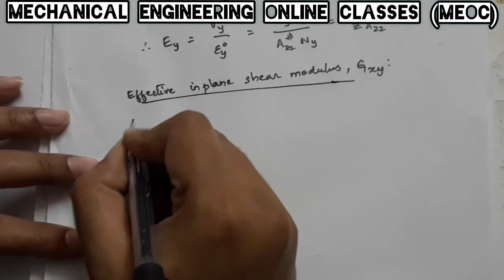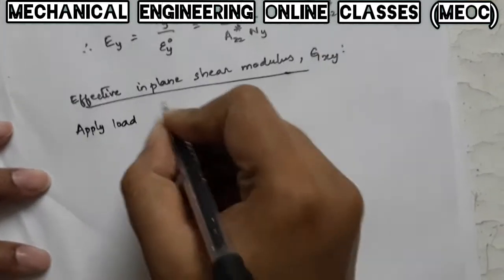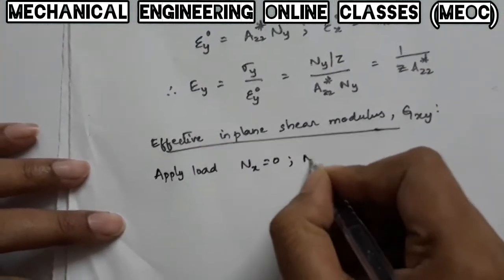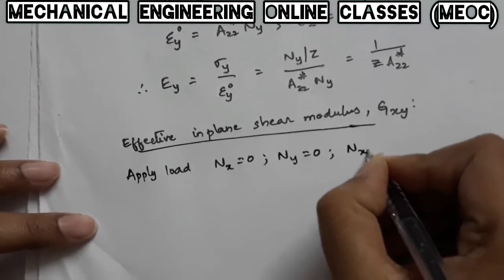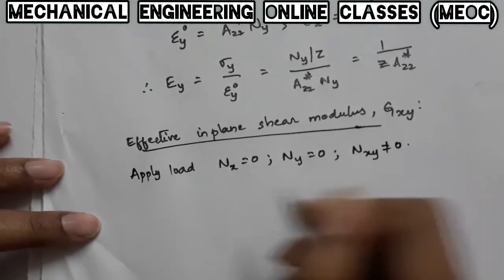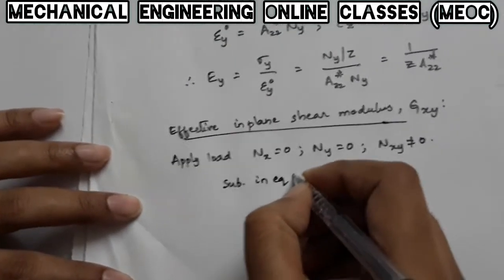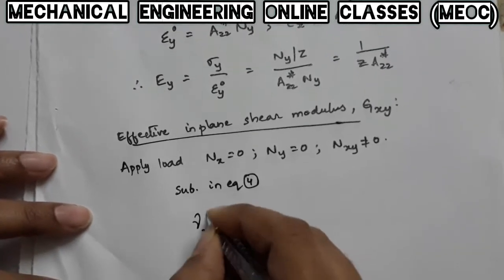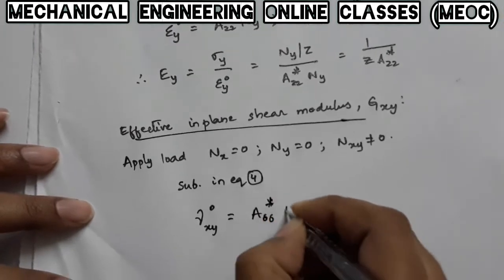Again we will apply the load such that nx is equal to 0, ny is equal to 0 and nxy not equal to 0. So we will again substitute them back in equation 4 and we will find out gamma xy naught as A66 star into nxy.